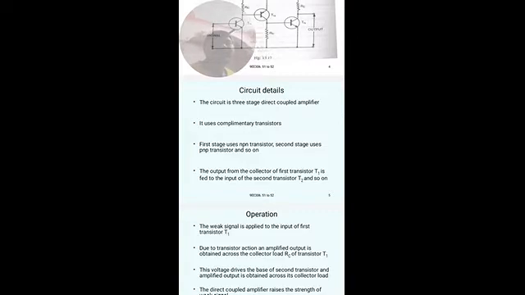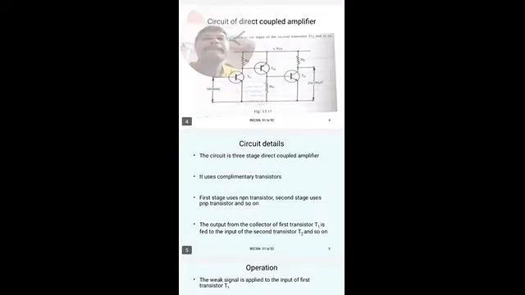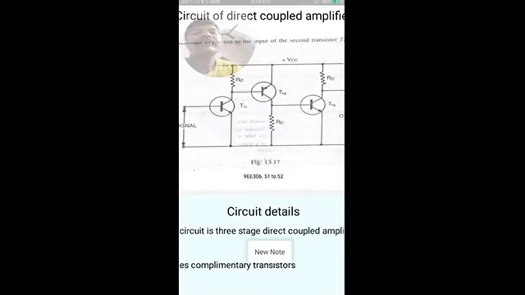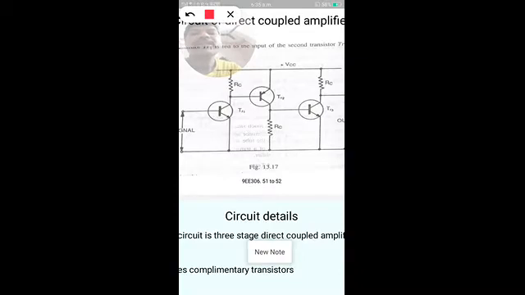When we give a weak signal to the base of the first stage transistor T1, due to the amplifier action, the amplified output is obtained at the collector resistor of transistor T1.